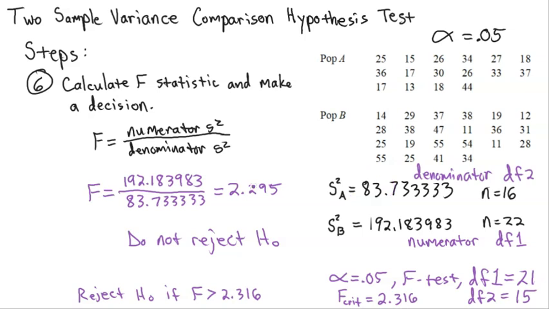How can you not assume that they're different? Well, because our F statistic was not large enough to reject the null hypothesis. It needed to be larger than 2.316, okay? And that's something you can take up with science people over their requirements for being able to show that two variances are different.